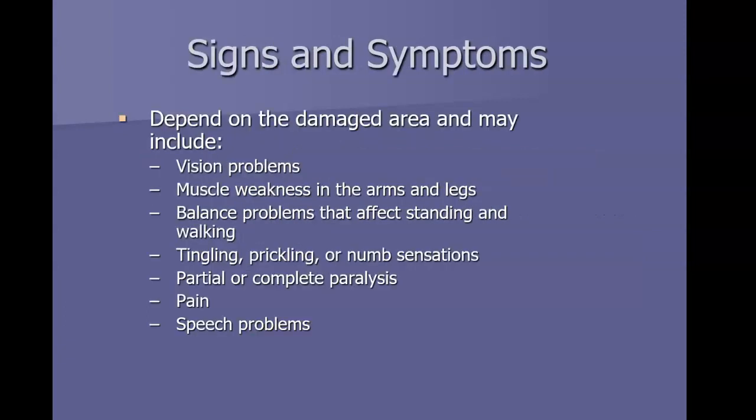So the signs and symptoms, again, will depend on the damaged area, and it can include vision problems, muscle weakness, balance problems are a really big deal with this, tingling, prickling, or numb sensations, partial or complete paralysis, pain, speech problems.